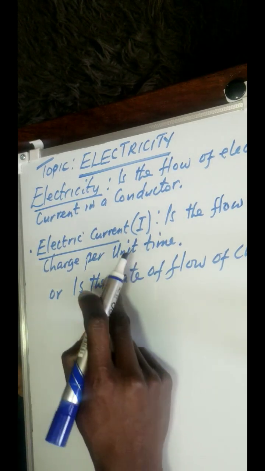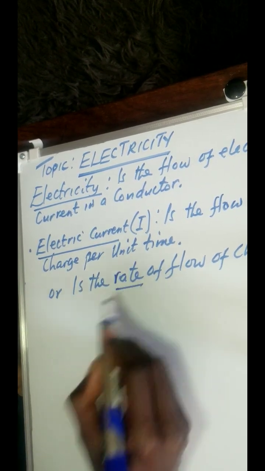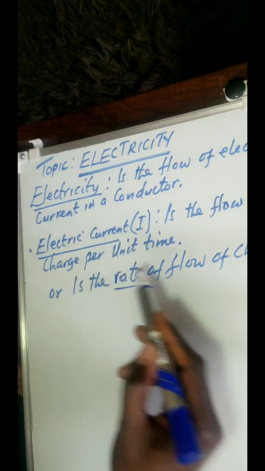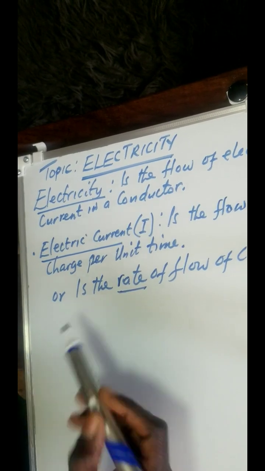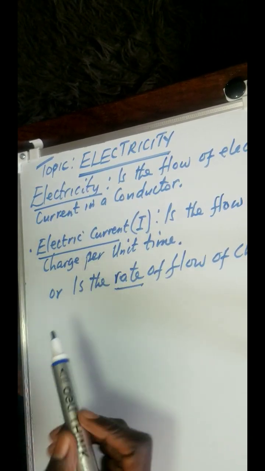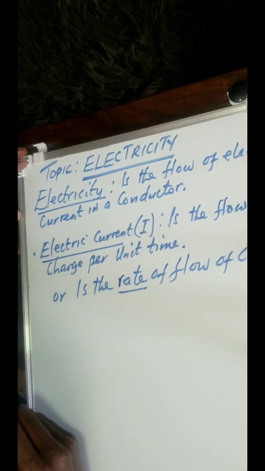Remember, when we use the word rate, it actually entails time. So there's no need of putting time again, because you have already used the word rate. So it is the rate of flow of charge.